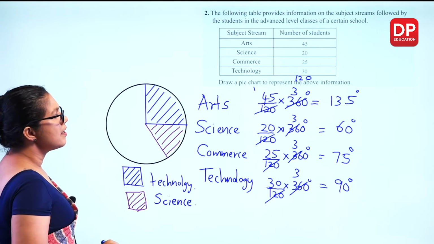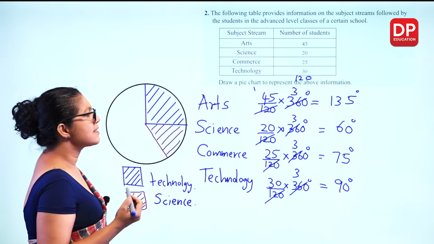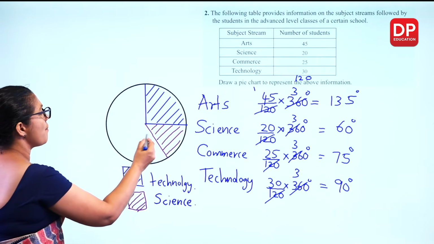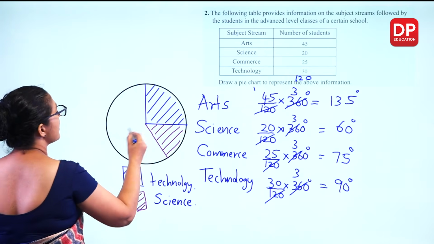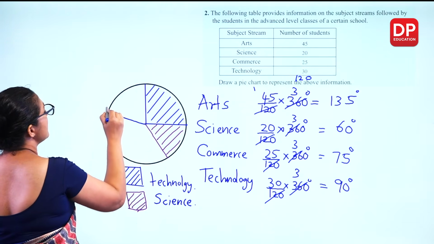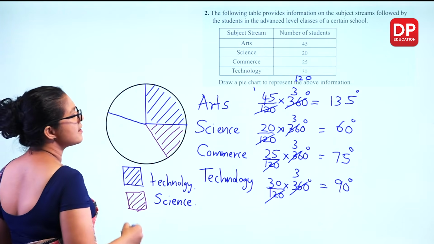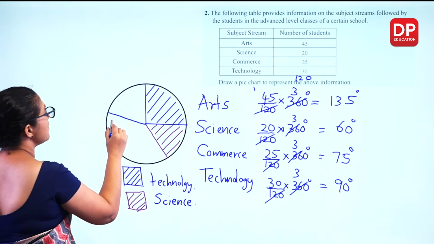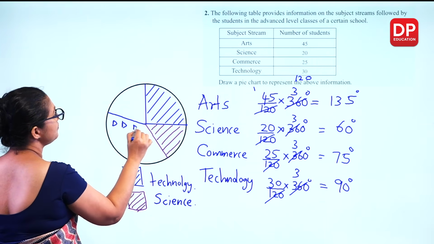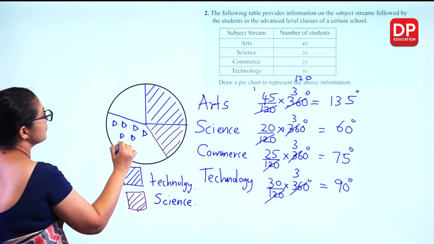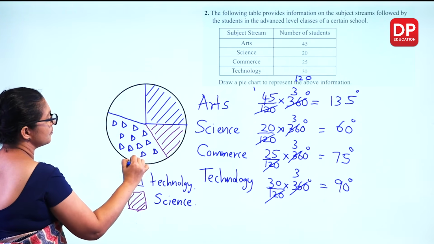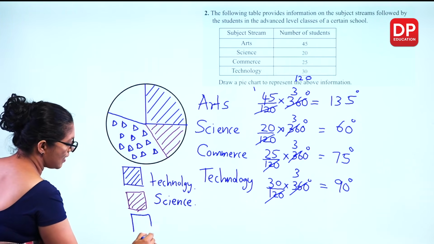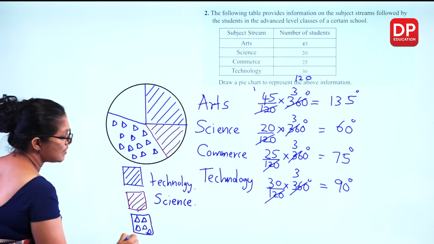The next one, 135 or 75. So from here, you can mark 135. If it's roughly here, this is 135 and I'll use another symbol for that. So here I can mark the category like this.